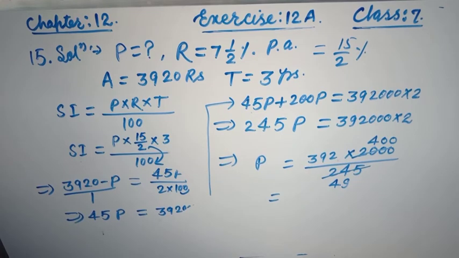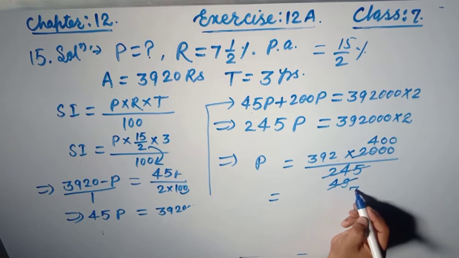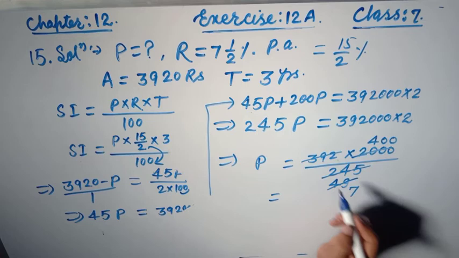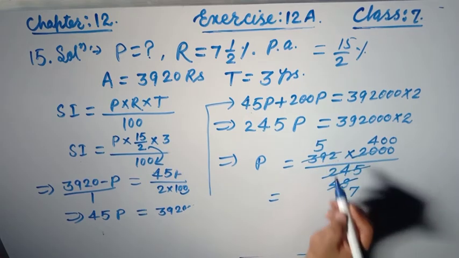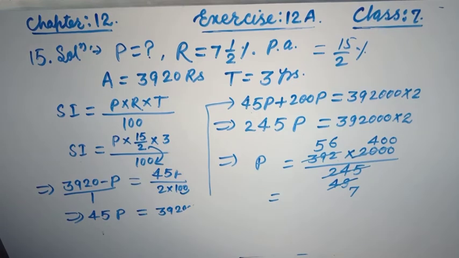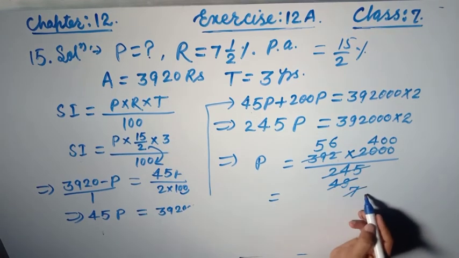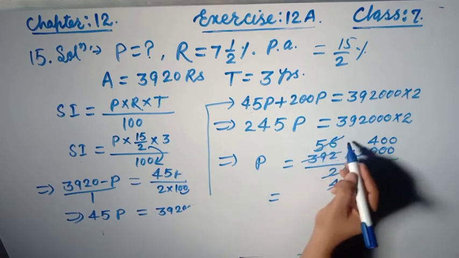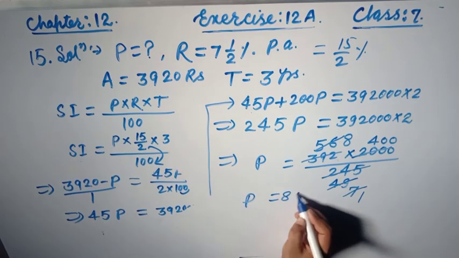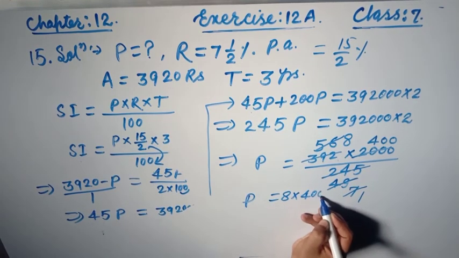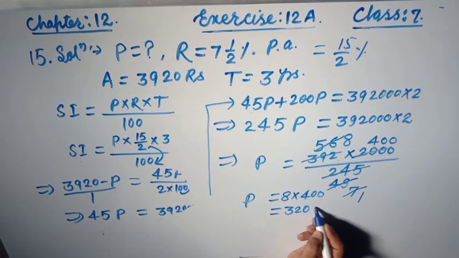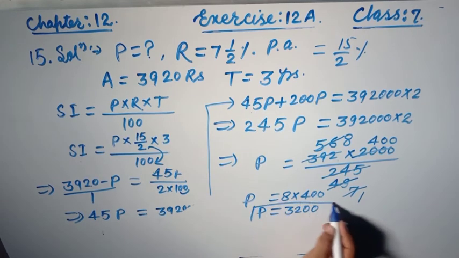Now 7 7s are 49, and 7 5s are 35, and 7 6s are 42, 7 1s are 7, and 7 8s are 56. So P is equal to 8 multiplied by 400. Now 8 4s are 3200, 3200. So this is the required answer.